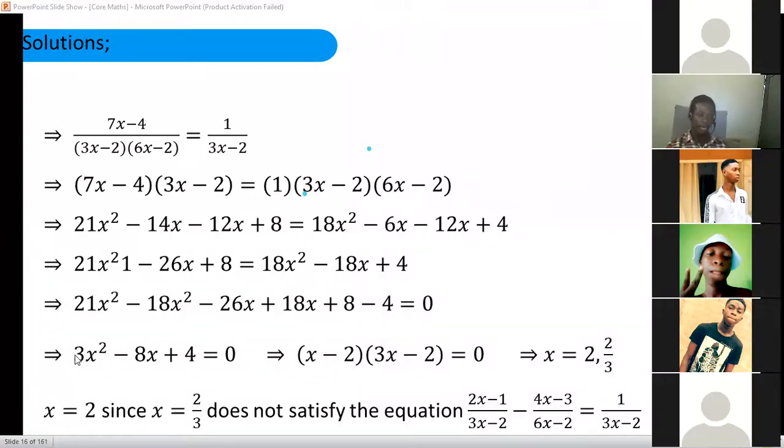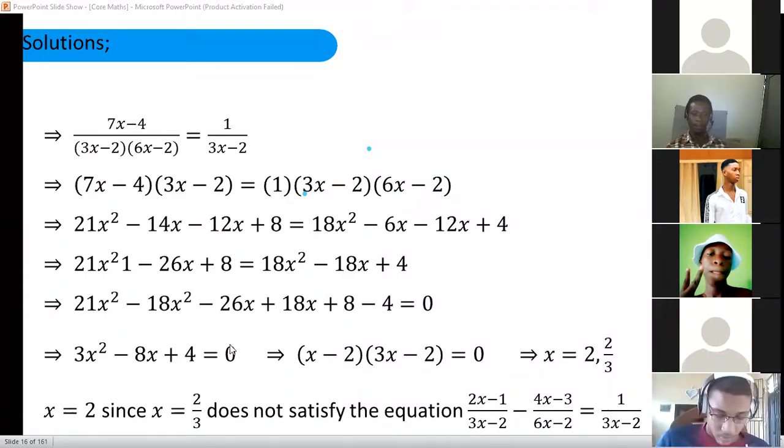Eric, please, can you tell us what kind of equation this is? 3x squared minus 8x plus 4 equals 0. Eric, what form of equation is this?